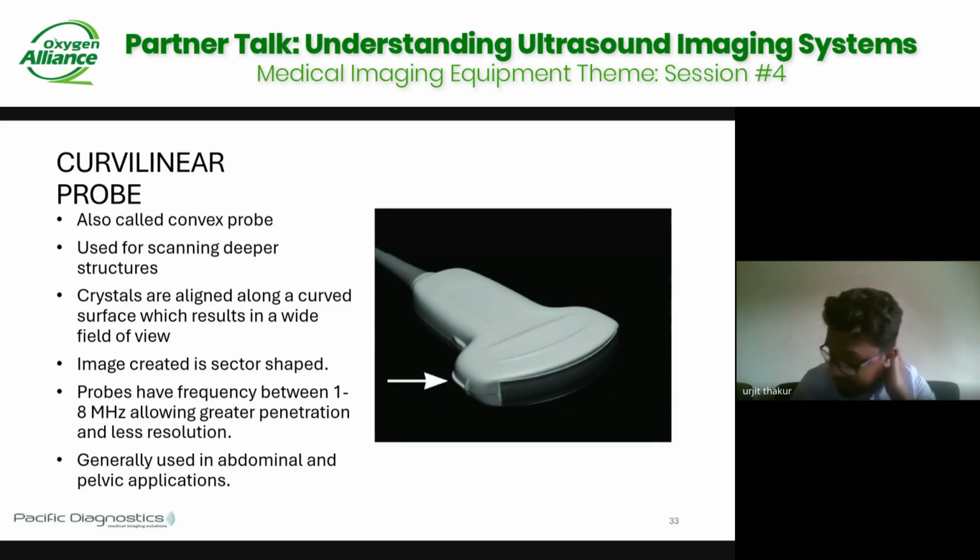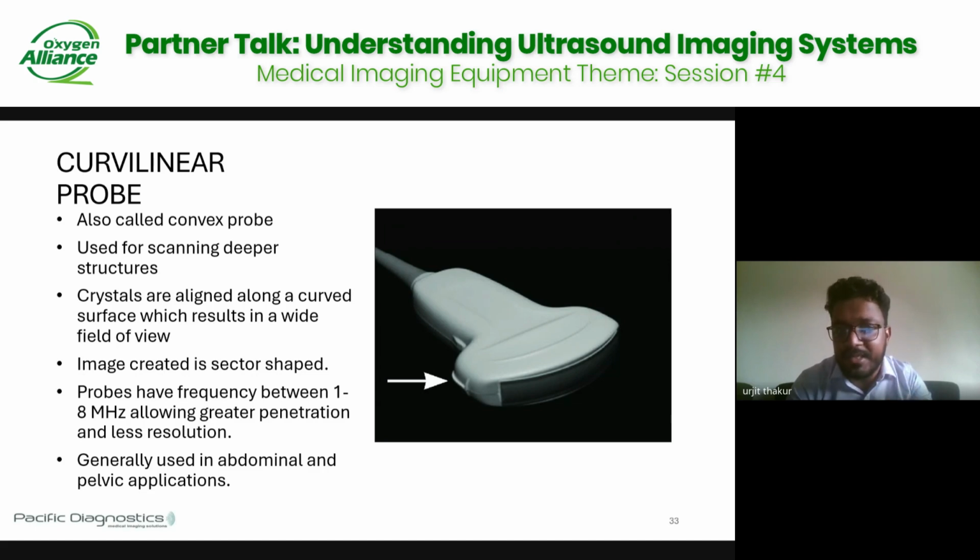Then we have the curvilinear probe, also called the convex probe. This one is used for scanning deeper structures. Generally within the abdomen, if you want to scan deeper within the body, you will opt to use this probe. As opposed to the previous probe, the frequency is between 1 and 8 megahertz, so by default the penetration will be more and the resolution will be less as opposed to the linear probe.